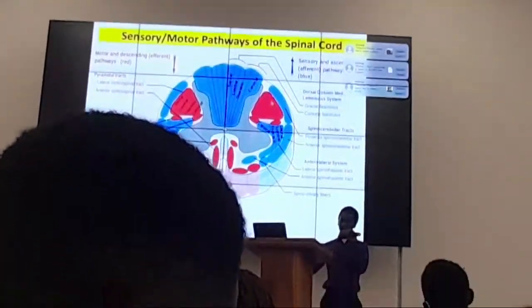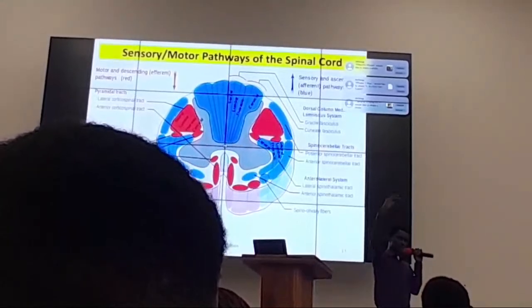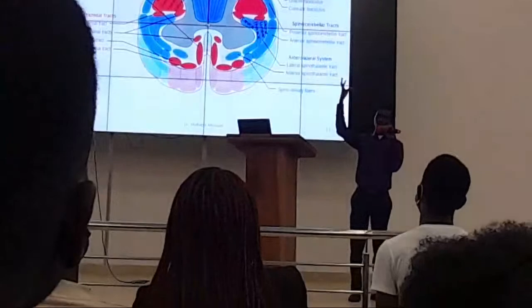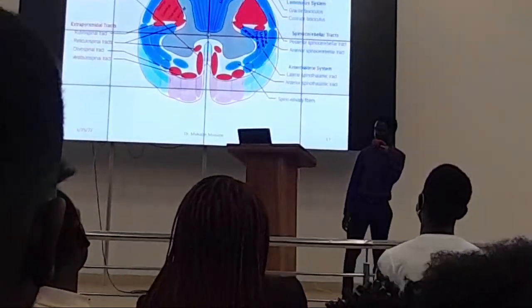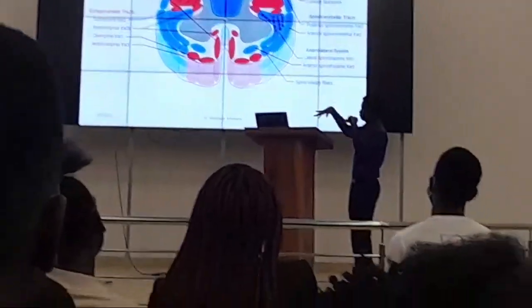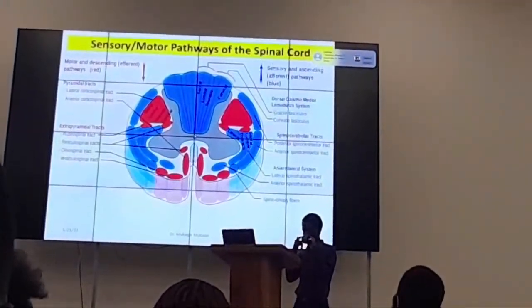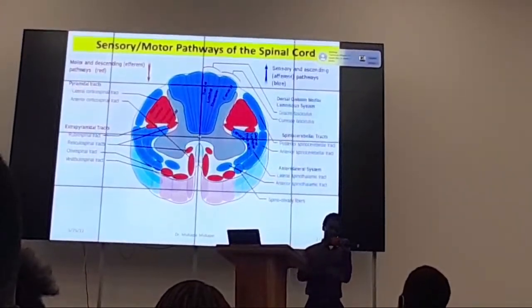Now the white matter is divided into tracts. Some ascend, some descend. The ascending tracts, those are sensory. The descending, they are motor. Okay, so you can see from here we have various descending tracts and ascending tracts. But we're not going to go into the details of these tracts.